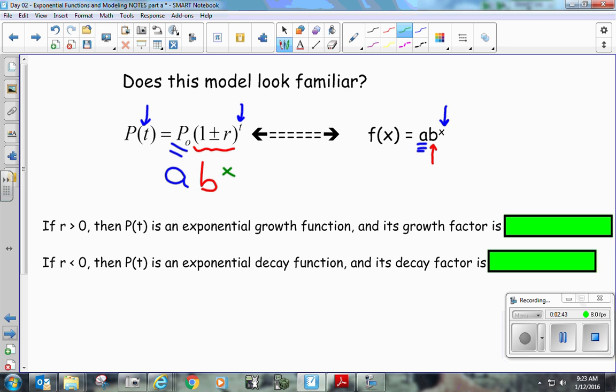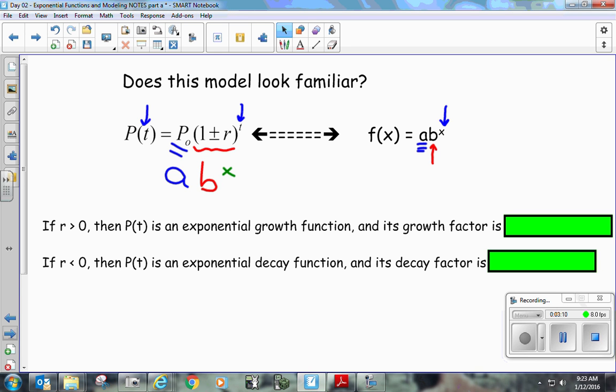But there's a little quick note down here, because yesterday when we were talking about exponentials, it can grow or decay, right? Increase or decrease. If your R value is greater than 0, then P of T is an exponential growth function. And its growth factor, remember B was a factor, if B was a 2, it was like 200%, it would double.